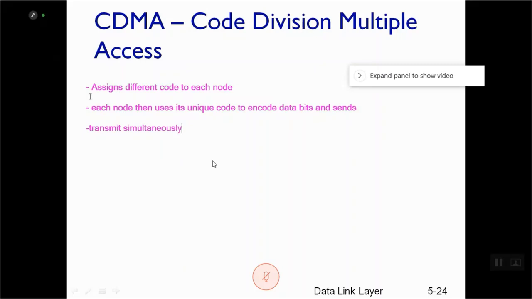So what basically we do in this protocol, that is CDMA, each bit is sent by the sender in an encoded form. That is, it's encoded by multiplying the bit by the code, that is the signal that you have.